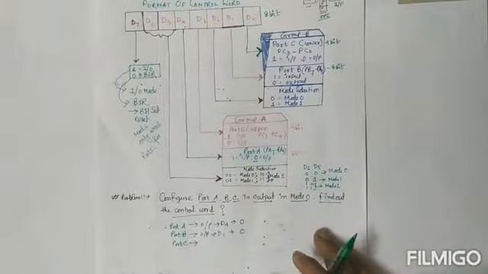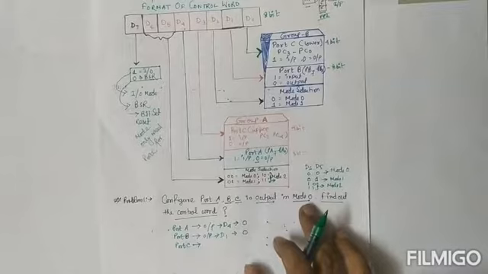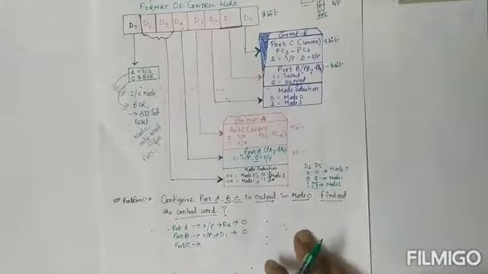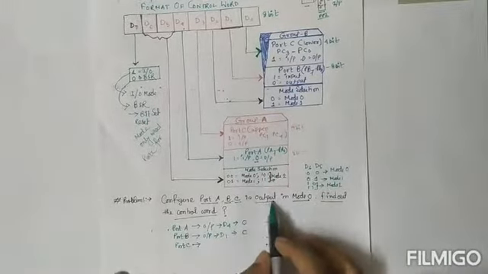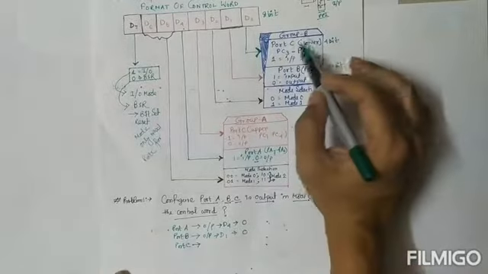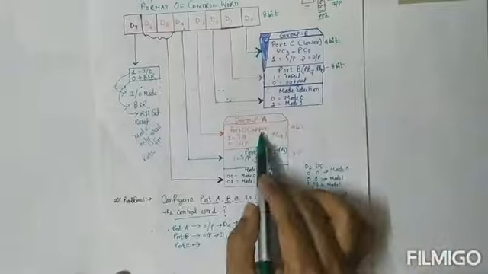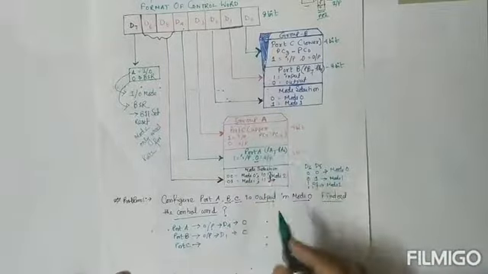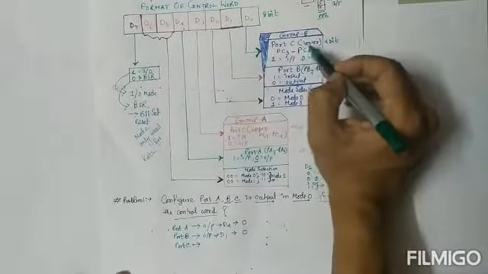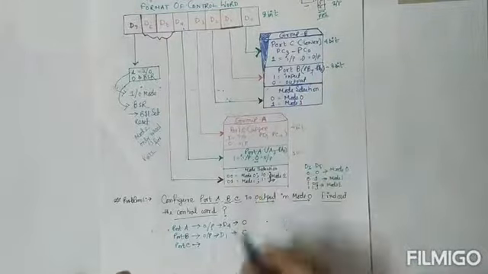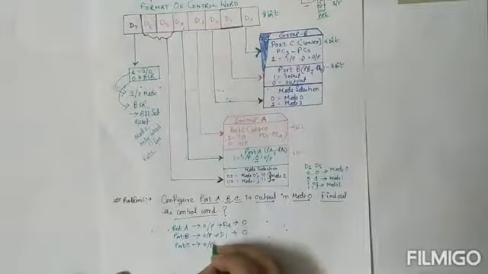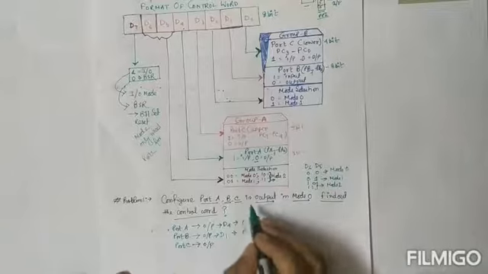Actually, in mode 0 condition, port C is output. This is the group B portion: port C lower and also port C upper. Port C acts as an output port.